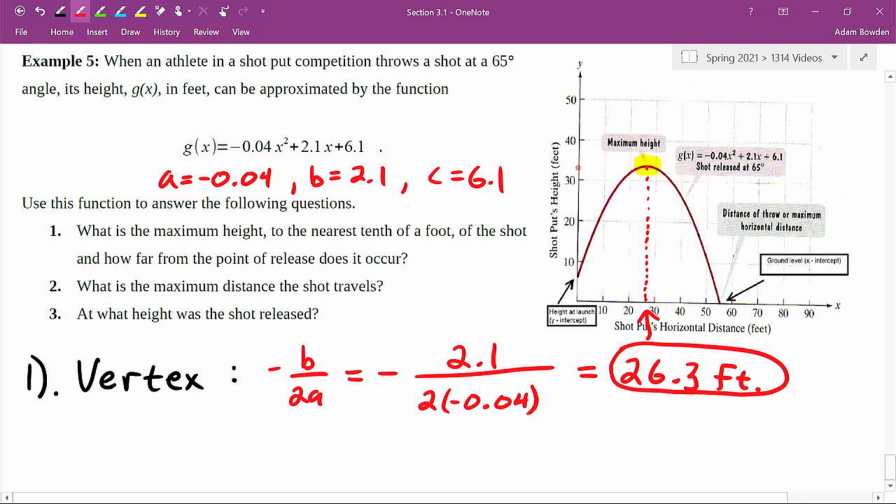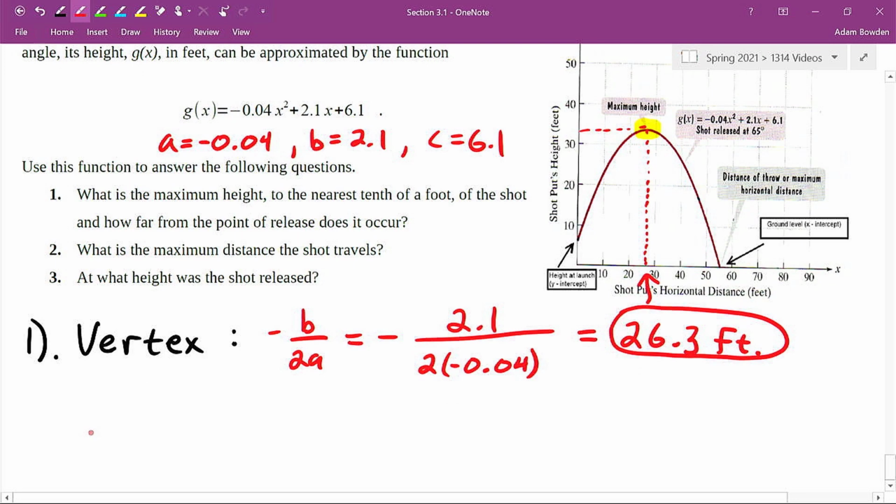Now I want to know, how high was it at 26.3 feet forward from where it was thrown? I do that by calculating g of 26.3. So I have to plug that into the function.